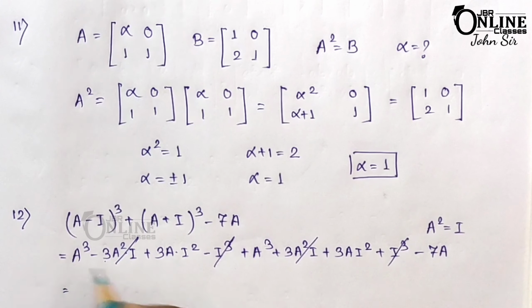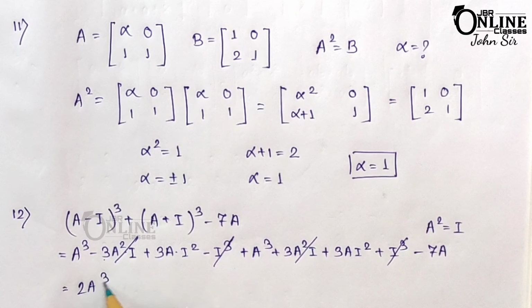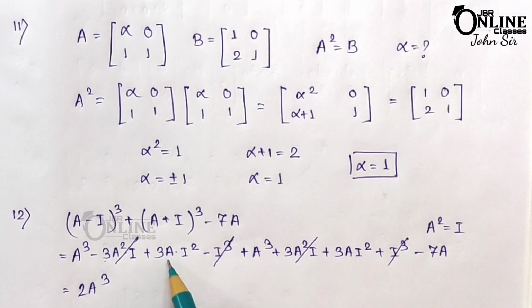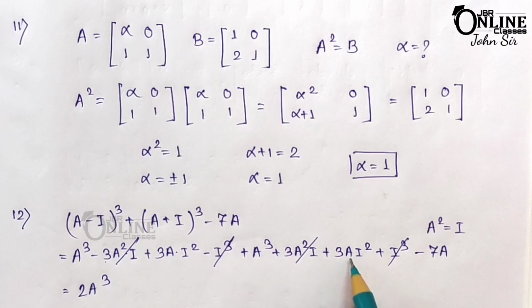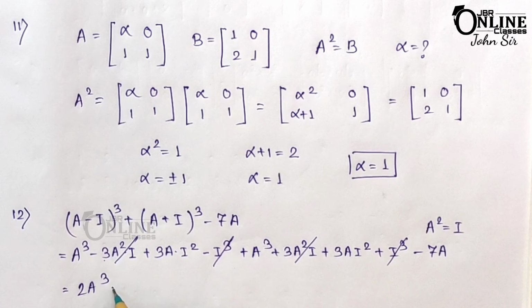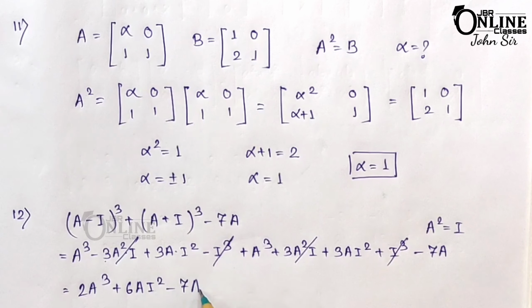So now you have A cube plus A cube, that means 2A cube, and then here 3A I square, here also 3A I square. So it will be now plus 6A I square, and then minus 7A.